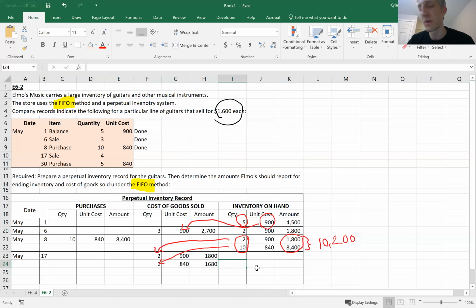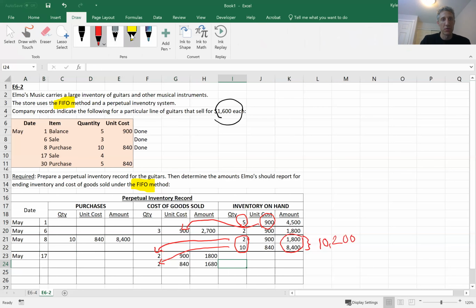Now I also want to know what's my inventory on hand as of May 17th. Well, I had 2 units. There's 2 units here. Let me just highlight so you can follow along with what I'm talking about. I had 2 units here, but then I sold those 2 units. So now I had this 10 here.